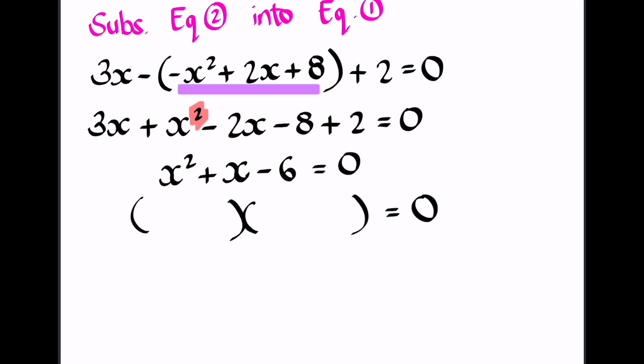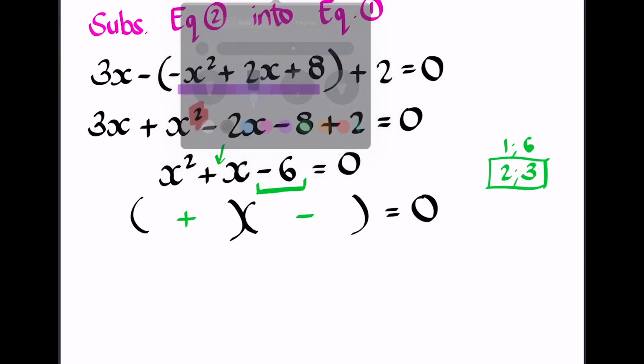I look at my last term. My last term is negative 6, which tells me that the signs are going to be different. One will be a plus, one will be a minus, and that I'm subtracting the factors of 6 to give me my middle term, which is a 1. What are the factors of 6? 1 and 6, and 2 and 3. Which of those, when subtracted, will give me a 1? 2 and 3.